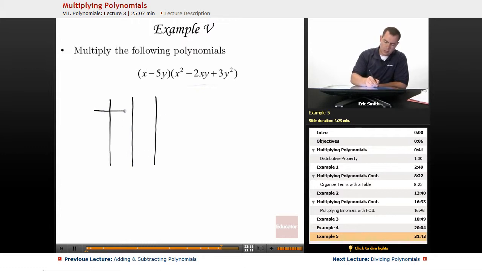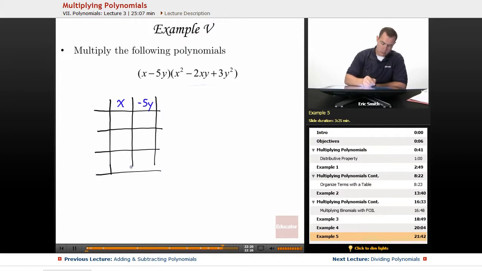Okay, so along the top of this table, let's go ahead and write our first polynomial, x and a minus 5y. Then, along the rows, we will put our second polynomial. So I have an x squared, a minus 2xy, and a 3y squared.